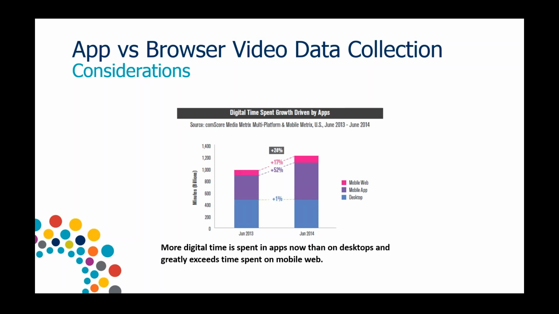We do a ton of mobile posts at itracks. In fact, we're setting records on almost a monthly basis. We're at between 16 and 18,000 mobile posts per month on a regular basis, and that's all from an app, not from an HTML5 web page. So definitely from our perspective, the mobile app solution is the way to go from a video data collection perspective.